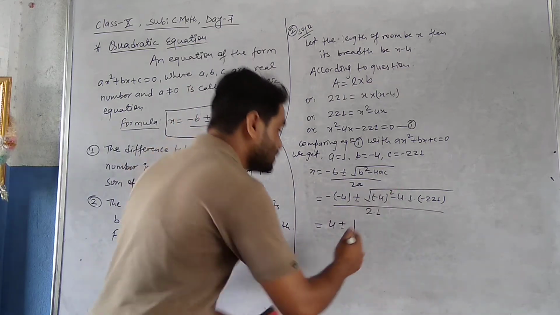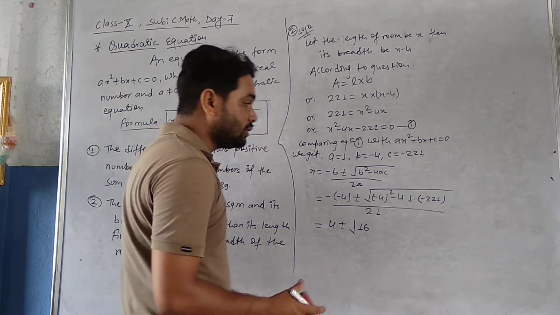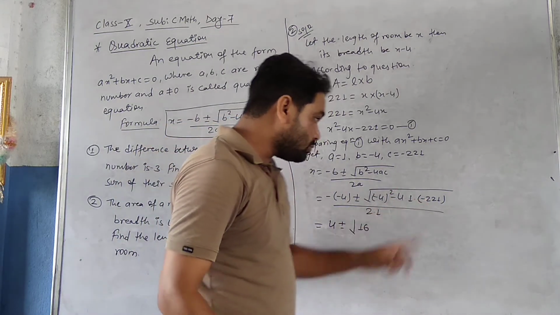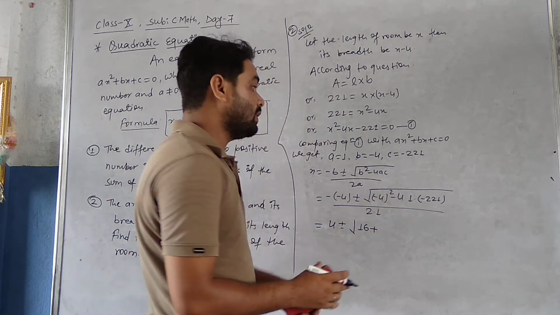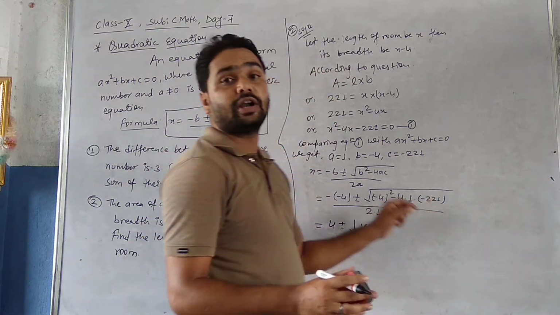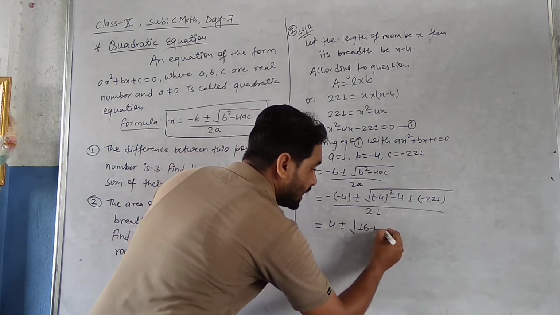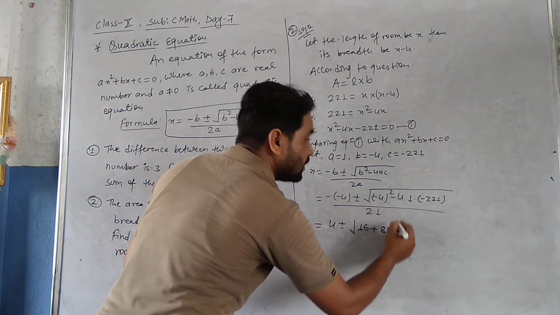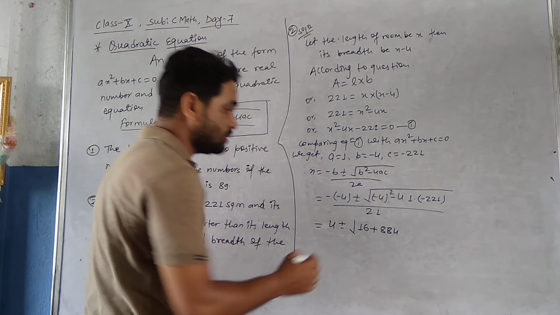Minus 4 square gives 16, and minus into minus gives plus 4 into 221. 4 2s are 8, 4 2s are 8, 4 1s are 4.